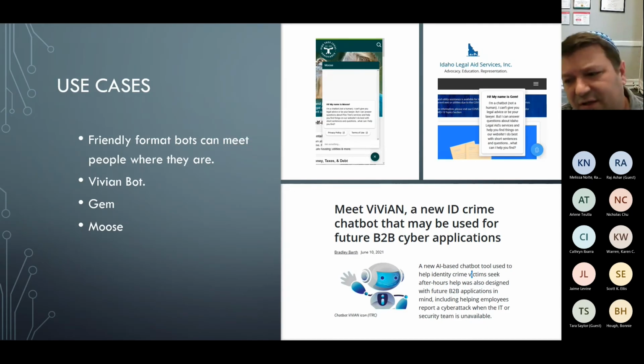Another example is Vivian, an ID theft crime chatbot used for helping when people have experienced identity theft or maybe business-related crime, cyber attack, and helping them respond. There's also a couple that my company has built, and those are the screenshots above, Gem and Moose chatbots.